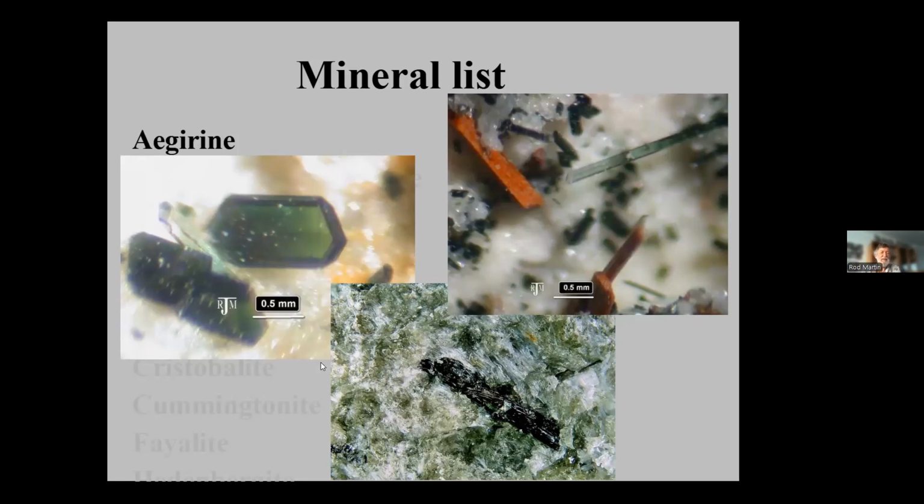So first on the list, and probably should be because it's the most predominant mineral you're going to find out there, is azurine, and it occurs in various forms. It goes from nice prismatic or bladed type prisms to blocky prisms to thin needles.